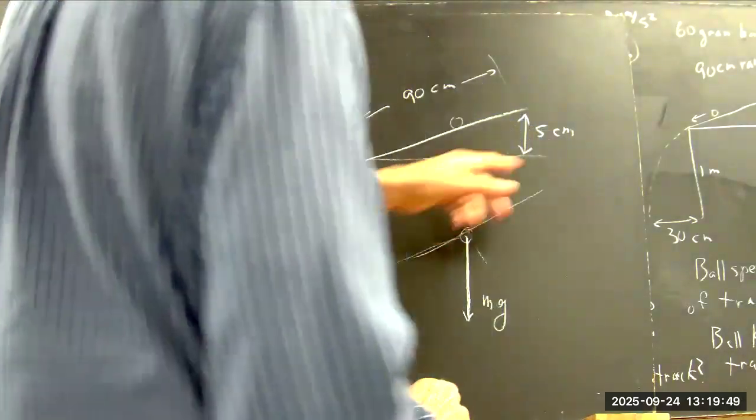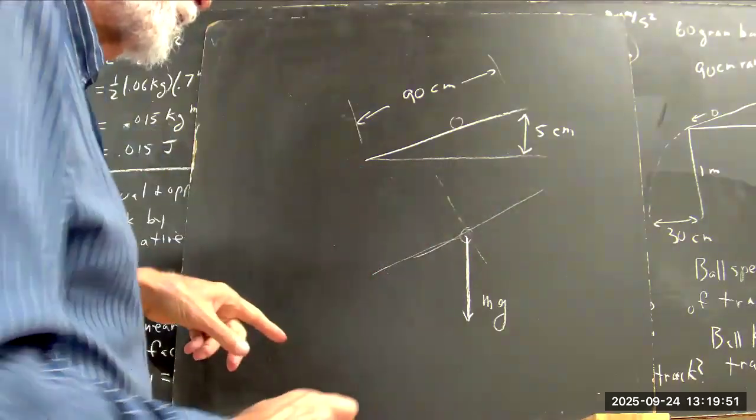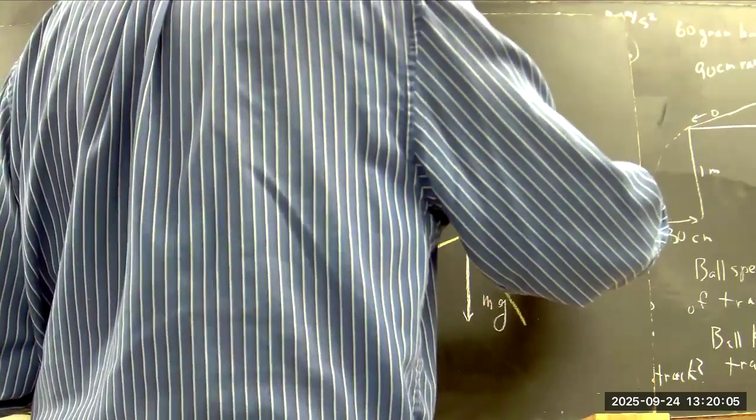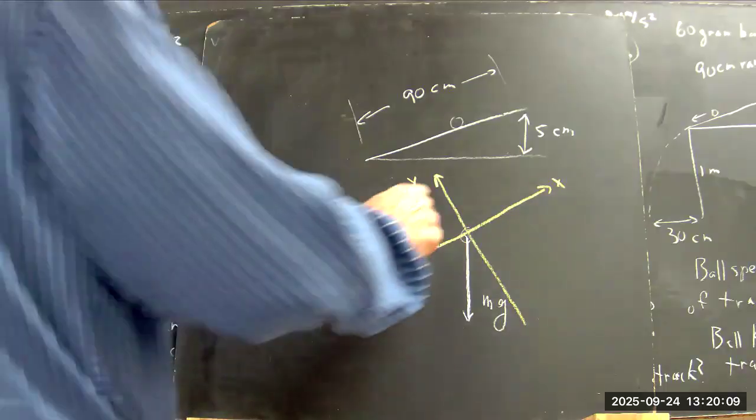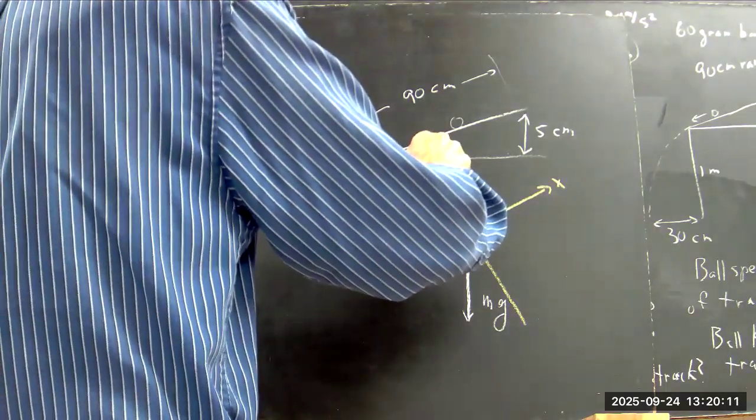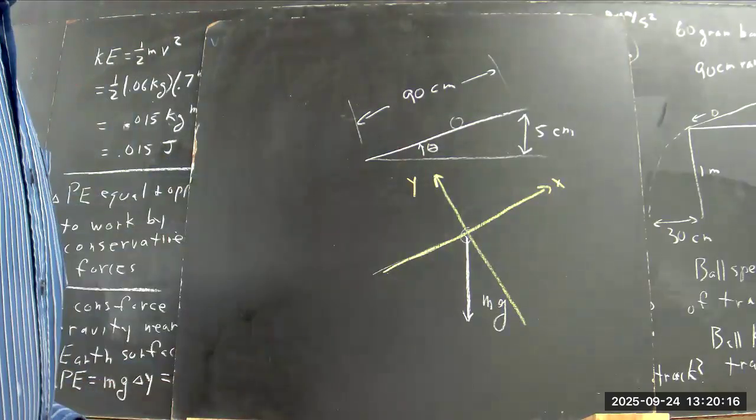And for the reasons I talked about in class, the fact that the acceleration is in this direction along the ramp, we're going to set up a coordinate system where the y-axis is perpendicular to the ramp. The x-axis is along the ramp. Now, you can calculate theta.